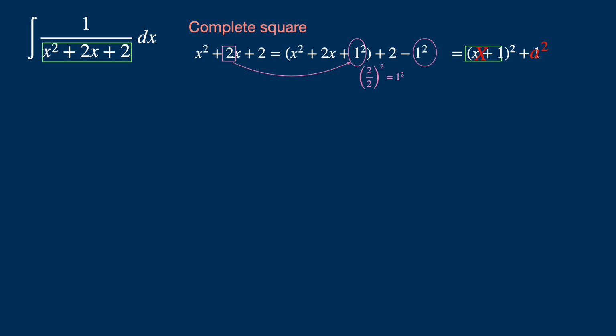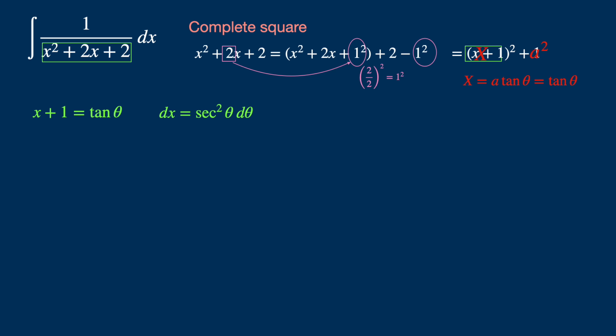In this case, x is going to be x plus 1, a is going to be 1. So you have x equals a tangent theta because this is the x squared plus a squared form. a is 1. So what is the substitution here? x plus 1 is tangent theta because a equals 1, dx is going to be secant squared theta d theta.